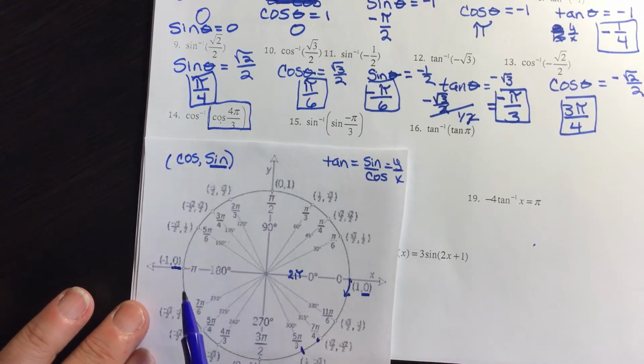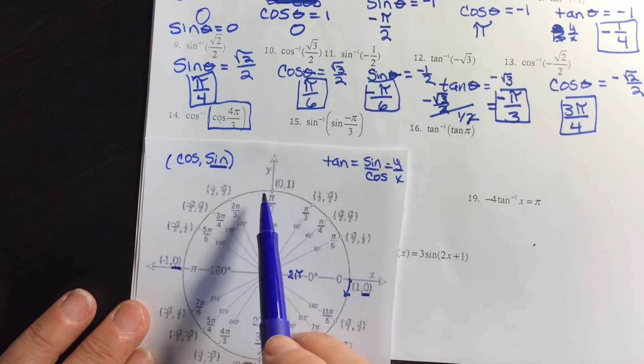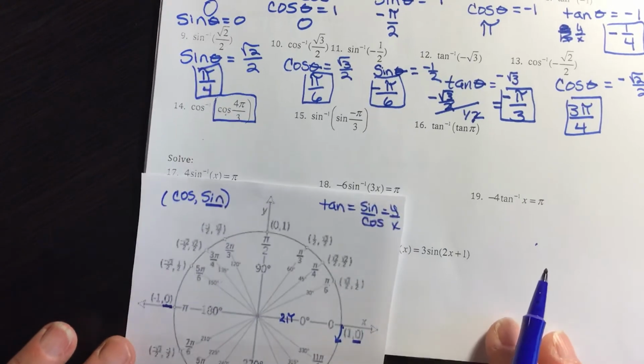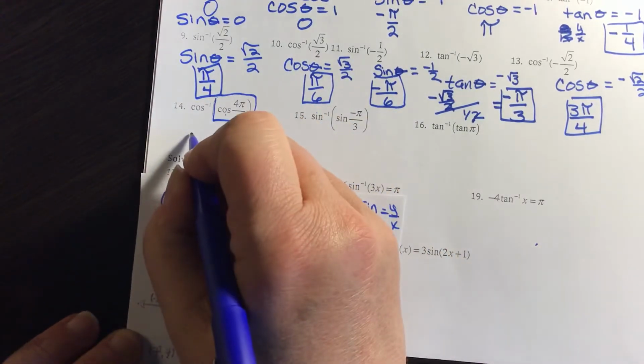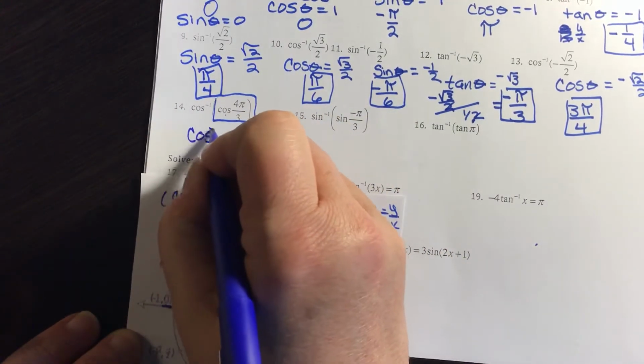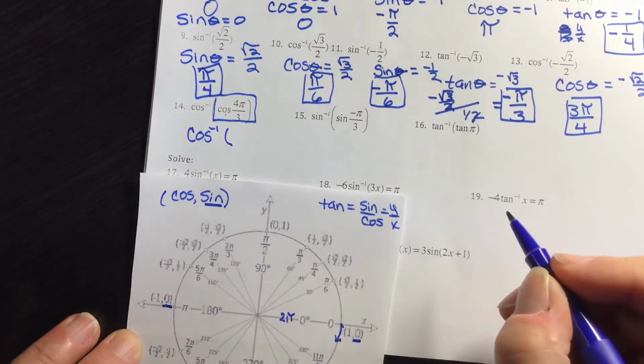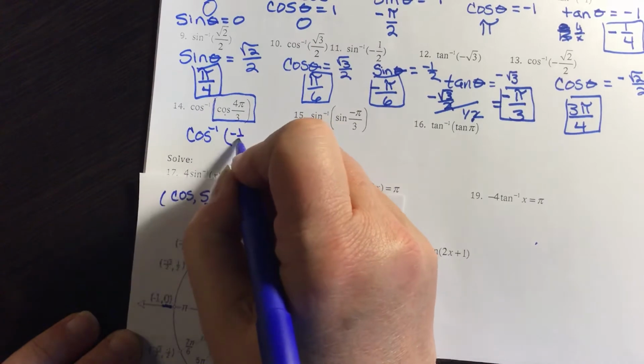So what would that be? Cosine of 4 pi over 3 right here. The cosine is negative 1/2. Cosine is the first value. So this tells me cosine of what angle is negative 1/2.